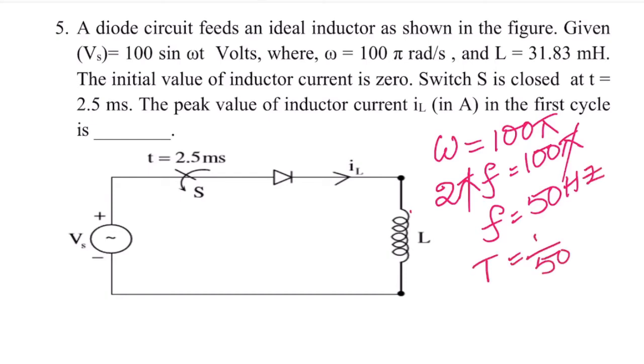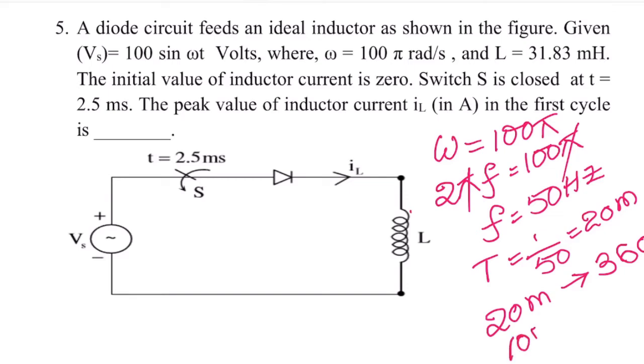Then the time period is equal to 1 by 50, which is 20 milliseconds. If I take 20 milliseconds, it is equal to 360 degrees, because I am converting the seconds into degrees.